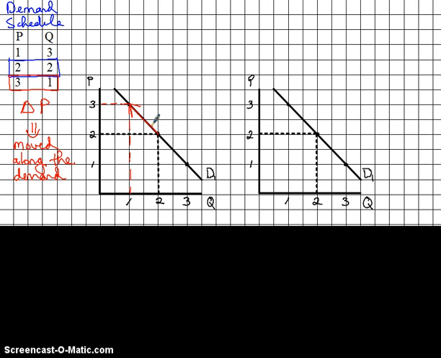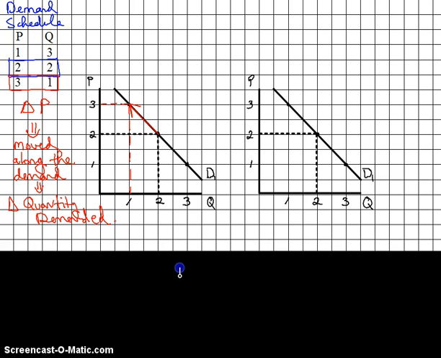We moved from this point to this point along the demand curve. And then finally, we call that a change in quantity demanded. That is a change in quantity demanded.